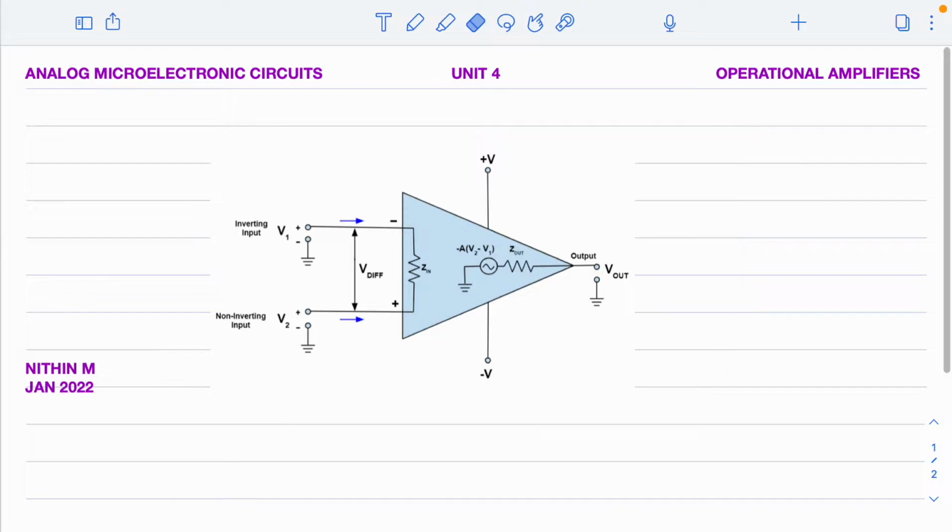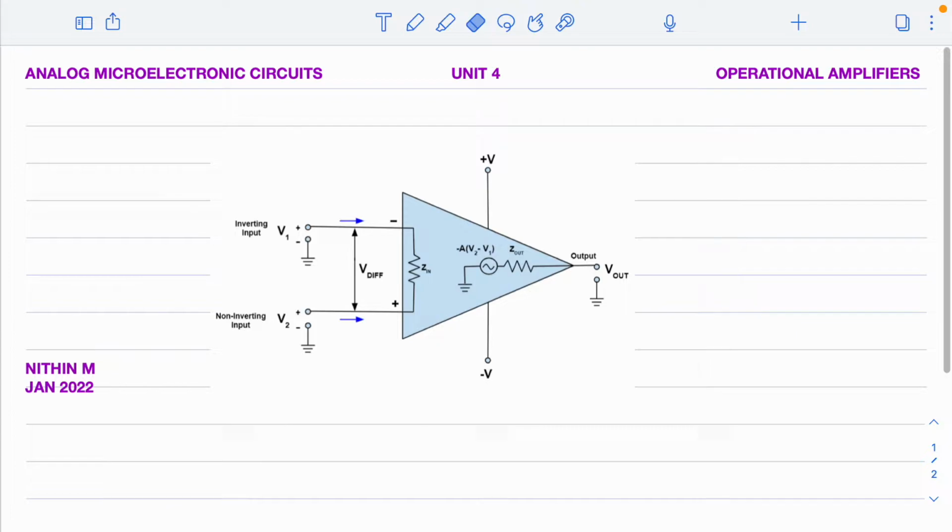Some of the applications you have seen in your AMC lab, where you performed experiments based on op-amp by selecting the 741 IC, and you have configured it as inverting configuration, non-inverting configuration, then Schmitt trigger, comparators, and all the other configurations you have seen.